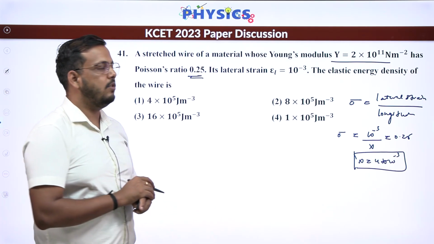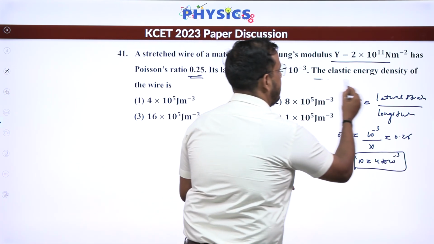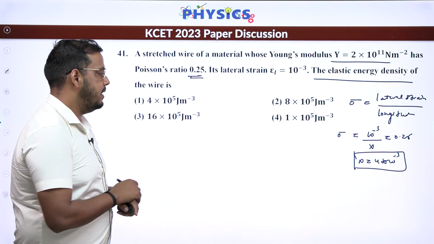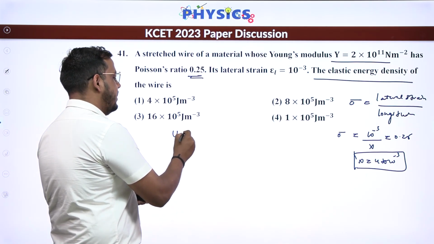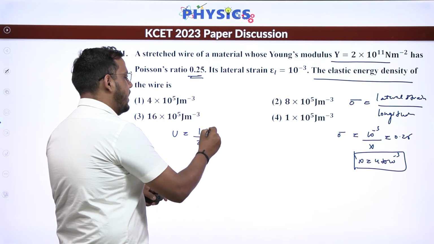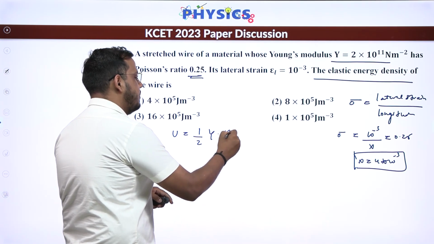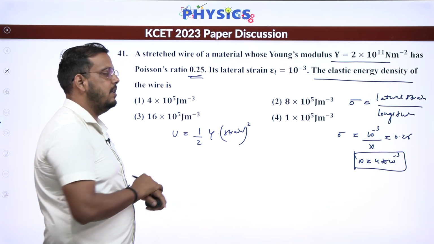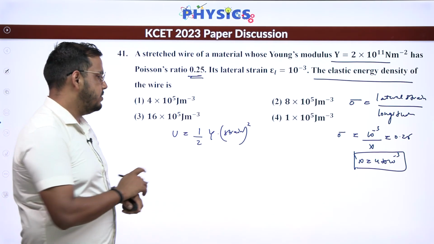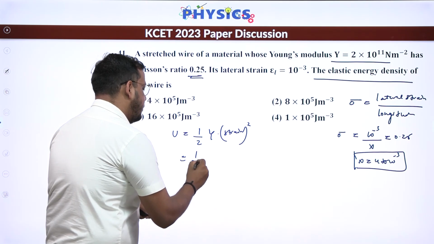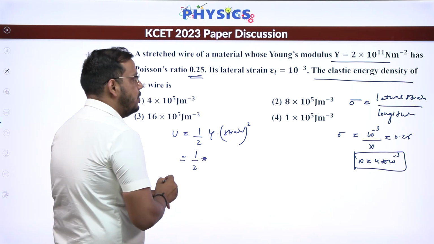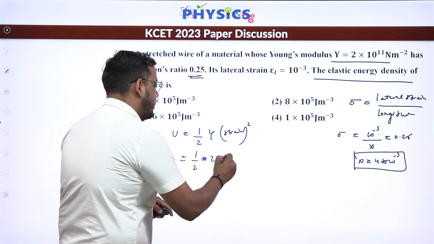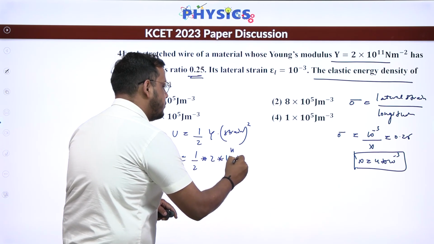Now what is being asked in the question? The elastic energy density of the wire. Elastic energy density is defined as half Y into strain square. This is the formula we can directly use. Now this strain is the longitudinal strain. So here just place the values: half, the value of Y is 2 into 10 raised to power 11, into strain square.